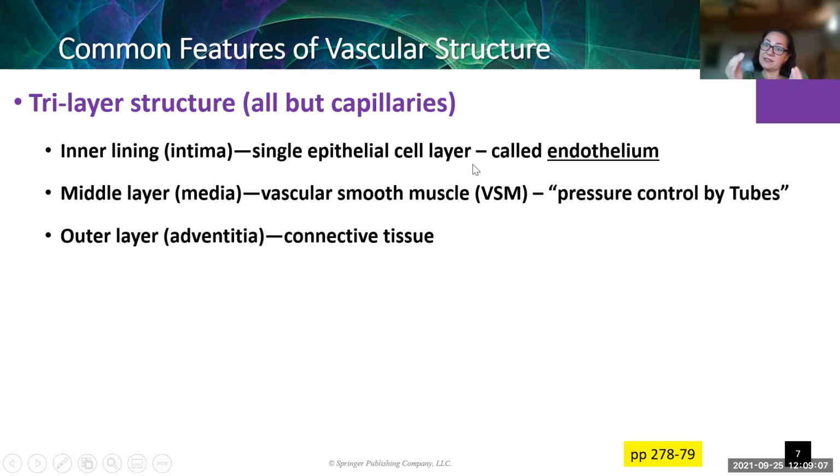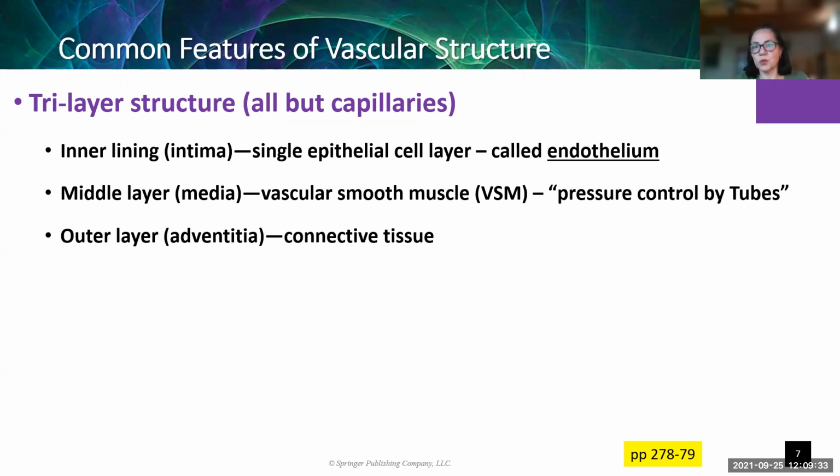Then outside of that epithelial cell layer, there are smooth muscle cells, vascular smooth muscle. In this textbook, you'll sometimes see the abbreviation VSM. If you have to look it up, go ahead, look it up until it becomes more second nature. Vascular smooth muscle. This is what provides the pressure control by the tubes. Like the tubes can do something, they can squeeze down.